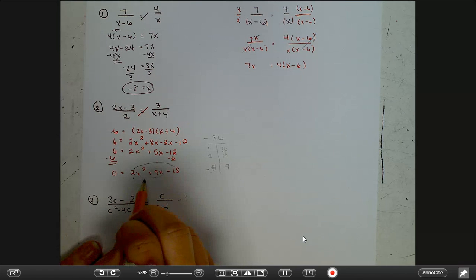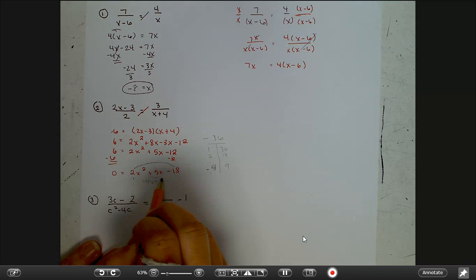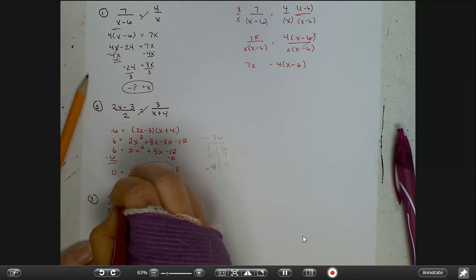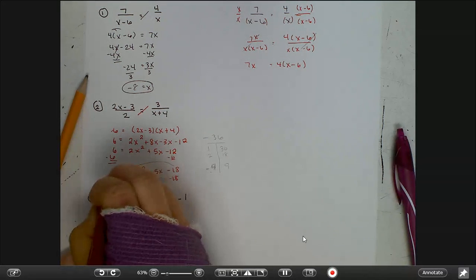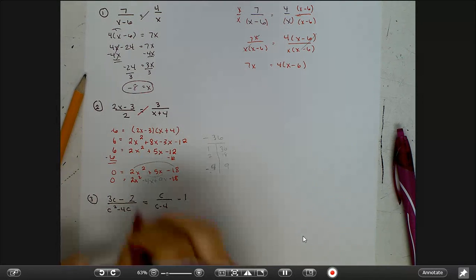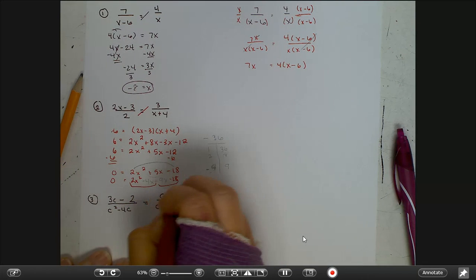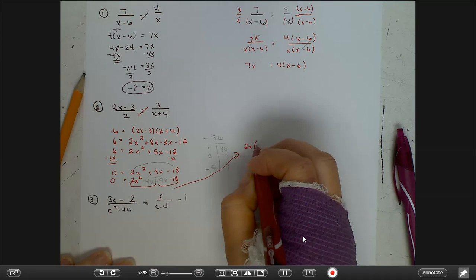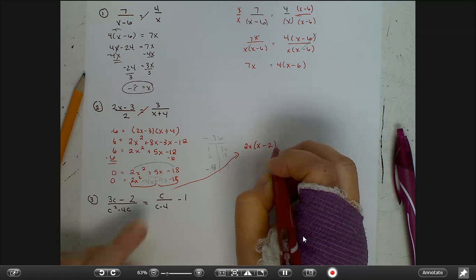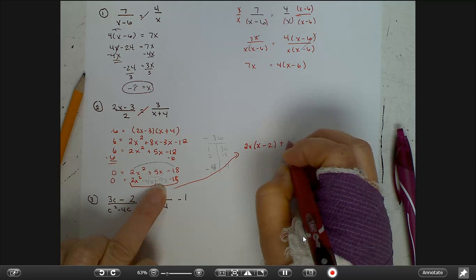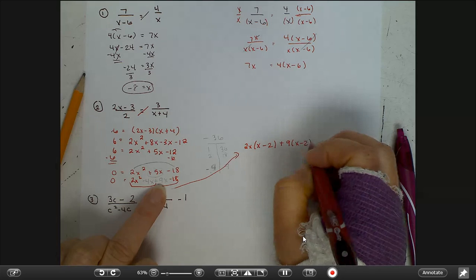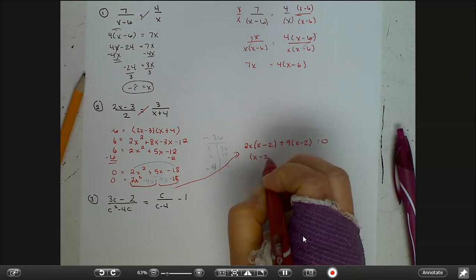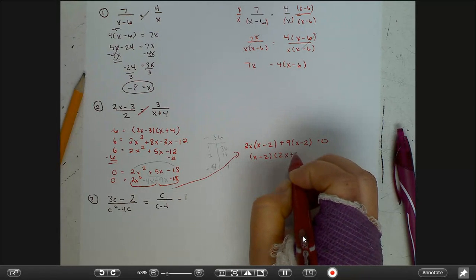So then we're going to replace the middle term with that. And you guys should remember that from the beginning of the semester. We're going to factor by grouping. So we're going to pull a 2x from that first set, and we have x minus 2. And we're going to pull 9 as our GCF from the second set. And we're going to take our x minus 2 and then our leftovers, 2x plus 9.